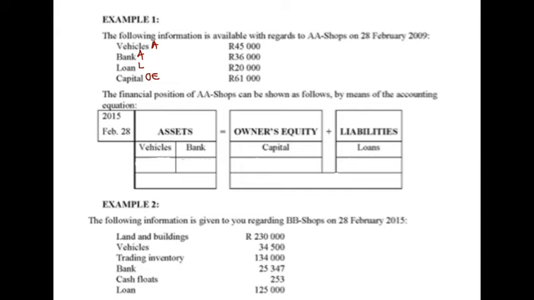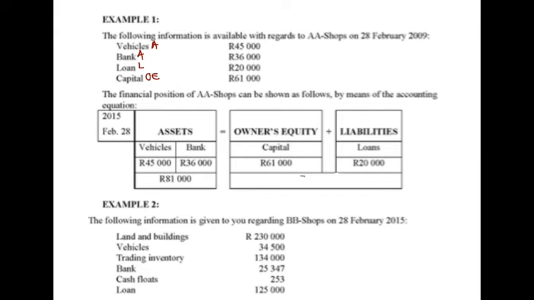So therefore vehicles and bank, the 45,000 as well as the 36,000, those are assets. So my total assets is 81,000 rand. Owner's equity then consists of the capital, and that's 61,000 rand. Liabilities consist of the loan, which is 20,000.